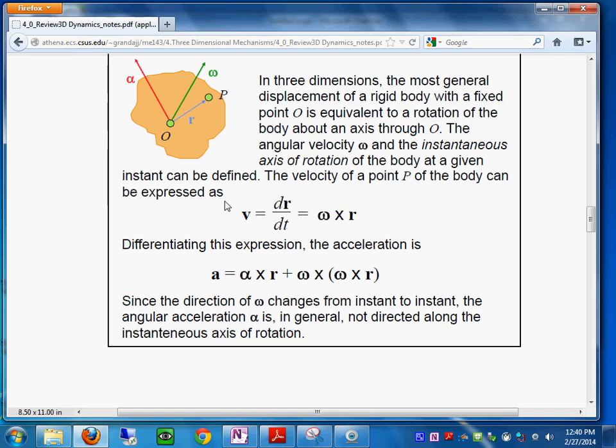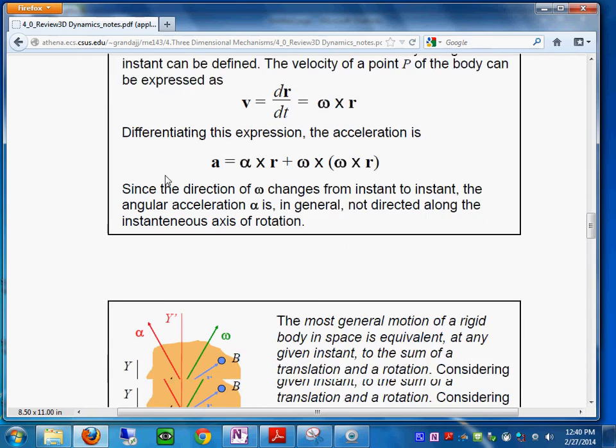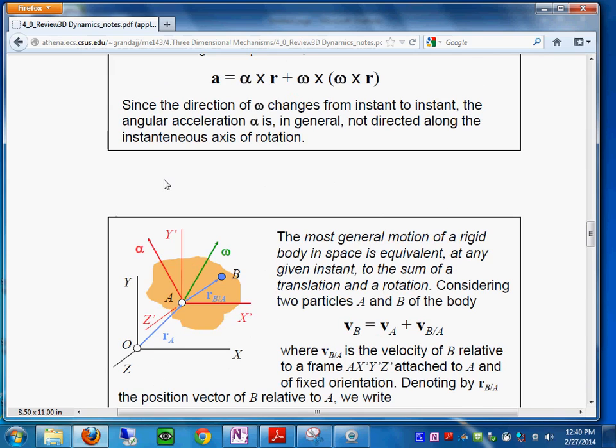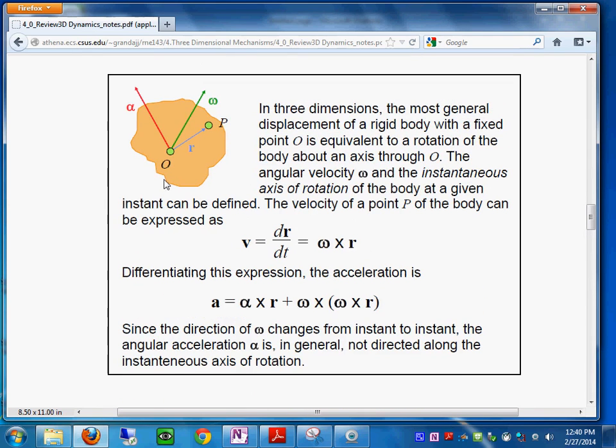But also would generate the acceleration, the tangential acceleration alpha cross r, but also a normal component which would be omega cross r. Okay. Any questions about this?